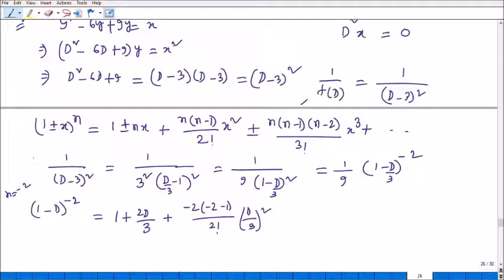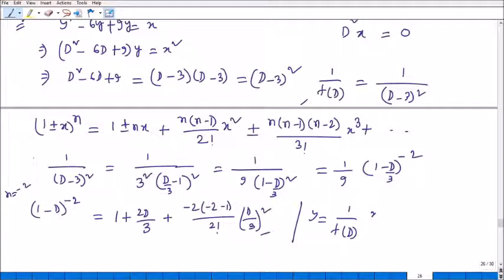The third order derivative of x square is 0, so we have to expand up to this term. Now coming to this differential equation, we can write y equal to 1 by f(D) operating on x square.